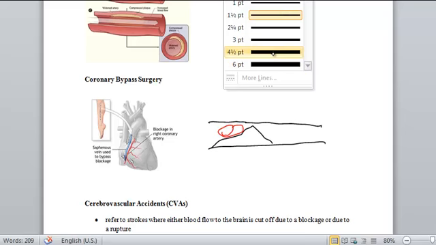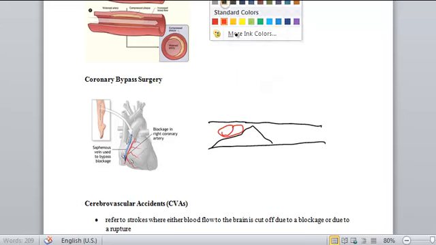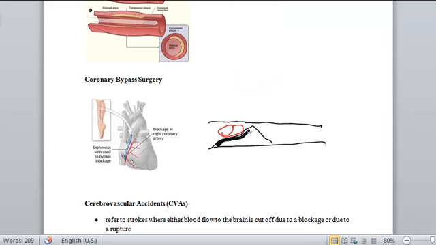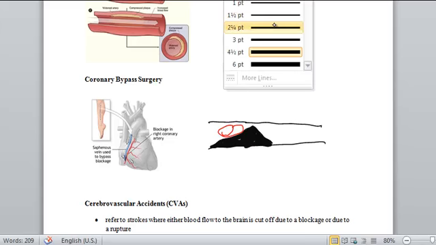Okay. So you've got a buildup of plaque underneath. Excess cholesterol and fat is building up in your vessels. Then what they will do is they will actually bypass.